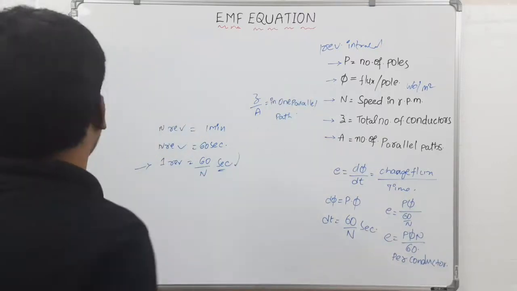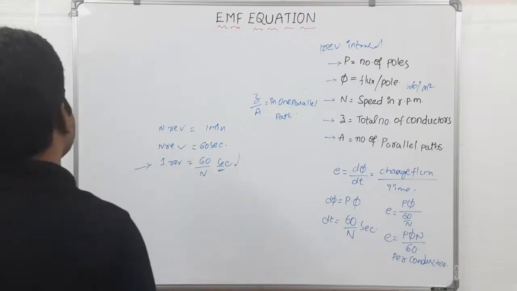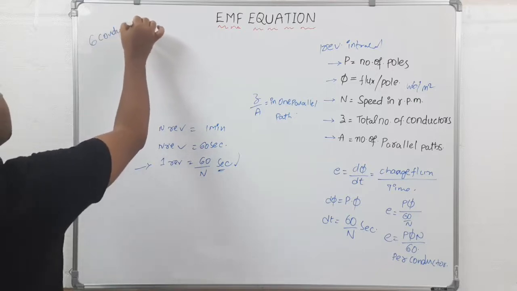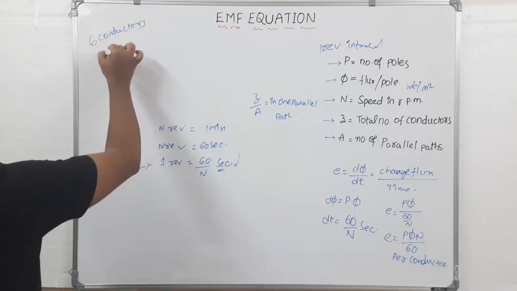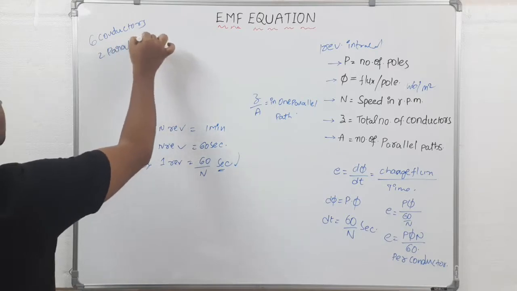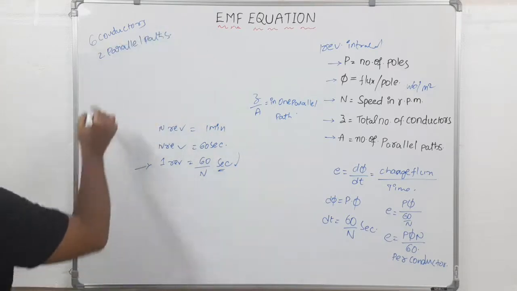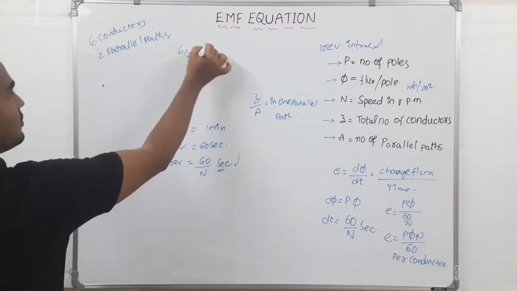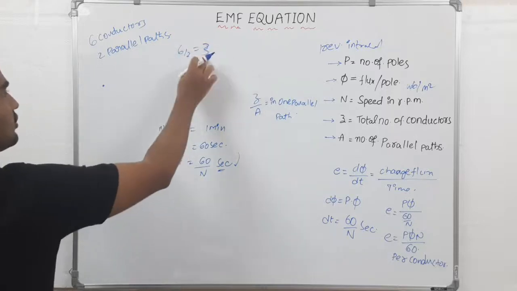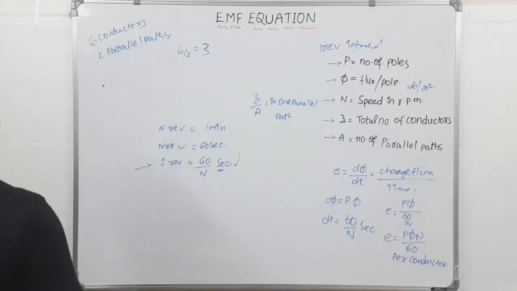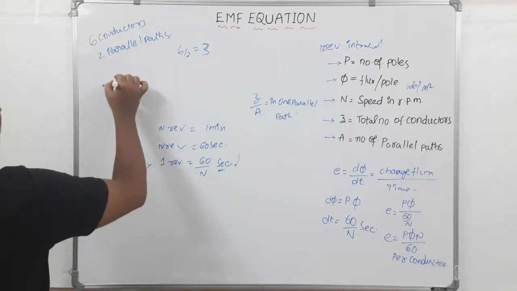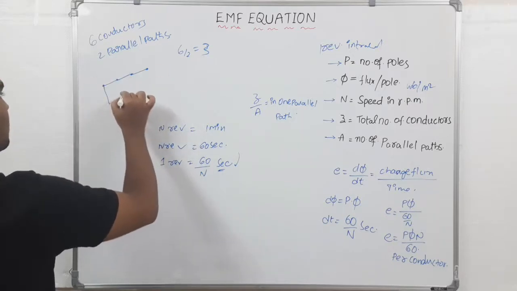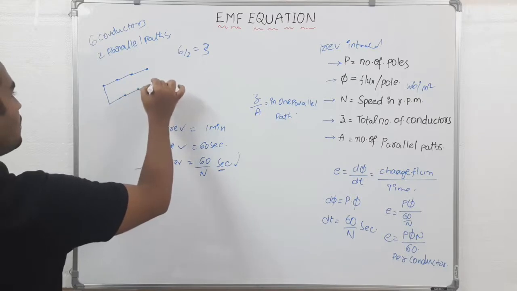Let me give an example to make you understand easily. Let us consider there are 6 conductors arranged in 2 parallel paths. So 6 by 2 is equal to 3. There will be 3 conductors in each parallel path, and the 3 conductors are connected in series, and there are 2 parallel paths.